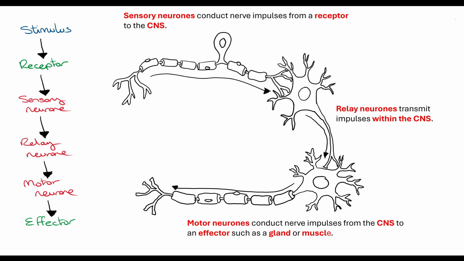So if they're going to ask you to identify whether you're looking at a sensory, a relay, or a motor neuron, it's important you look at the length of the dendrites and the length of the axons. And what we know is at our motor neuron, those muscles, those glands are going to carry out whatever that response is. And I will look at that in more detail with the animal response videos.